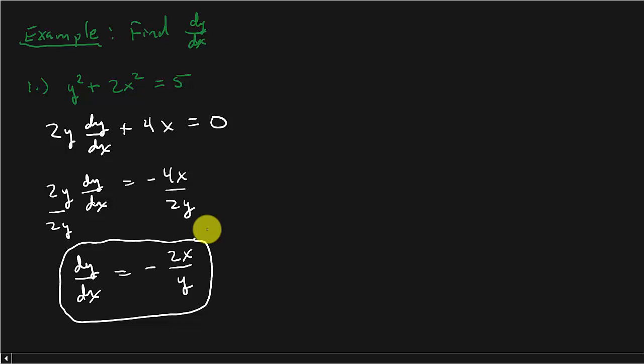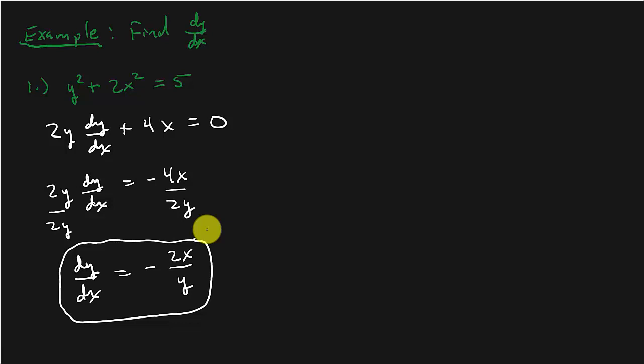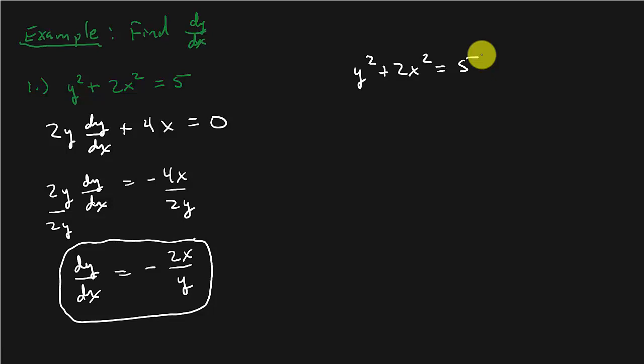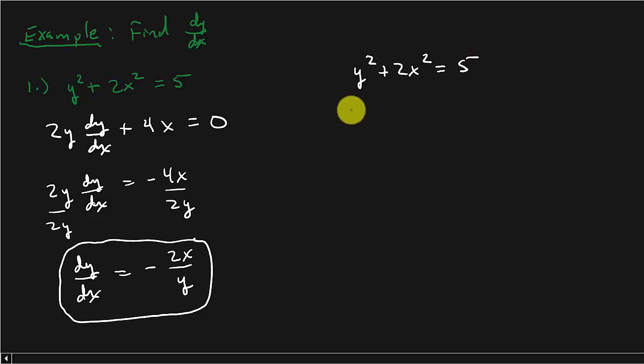Before we go on to the next examples, let me show you this. We've got y squared plus 2x squared equals 5. This is how I like to do implicit differentiation. So let's do it. 2y.